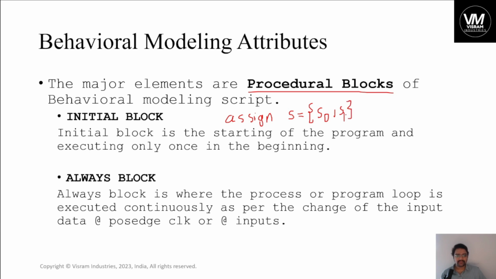This is how you can assign. These are assignment statements, and also equal to, and sometimes you can also write these type of assignment statements. This is a non-blocking assignment, and equal to is a blocking assignment. Why do we call them blocking and non-blocking? I will explain that in the next slides.